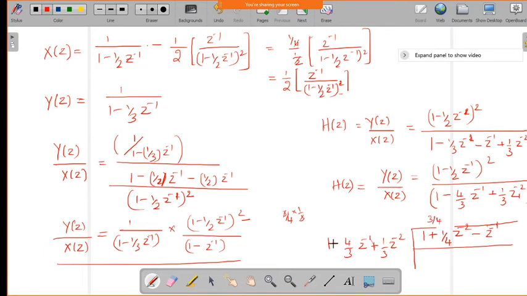Now multiply this value with this, you will get 3 by 4 into 1, so 3 by 4, plus 1 by 3 into 3 by 4, you will get plus 1 by 4 Z power minus 2, and the Z inverse term: 3 by 4 and 4 by 3 will cancel each other, you will get Z power minus 1. Okay. So now if you subtract this one, you will get the values.